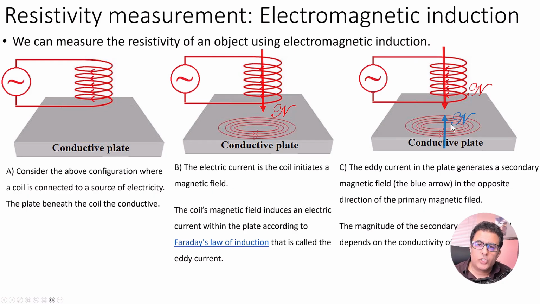And the more conductive the plate is, the stronger the secondary magnetic field will be. So by measuring the strength of the secondary magnetic field, we are able to get some idea about the resistivity of the plate. And this is how we are able to measure the resistivity of the subsurface, by measuring the strength of the secondary magnetic field.